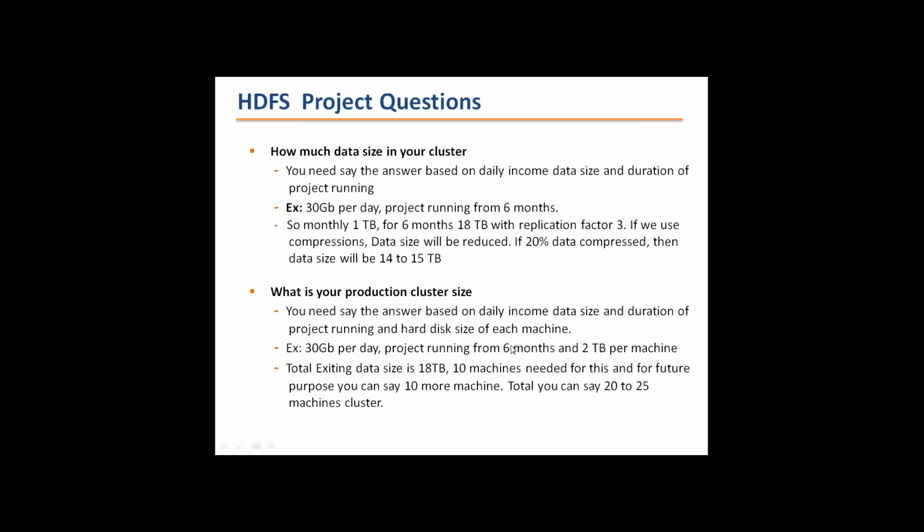If the application has been running for 6 months, 10 machines are already used, and for the upcoming 6 months I need 10 more. So 10 plus 10 is 20, and a few more machines are added for future purposes.